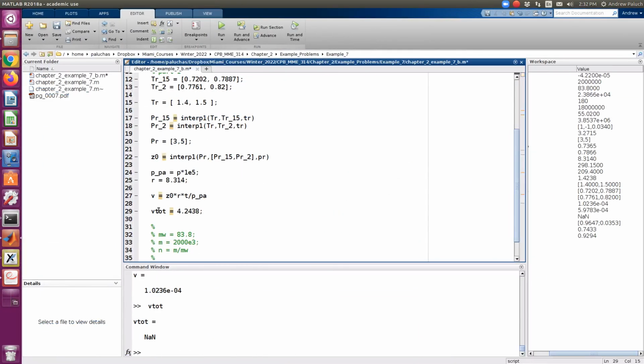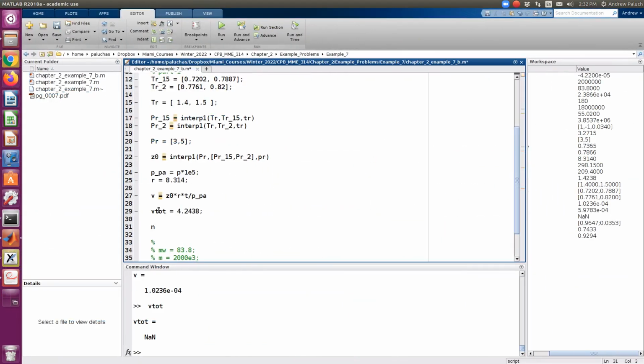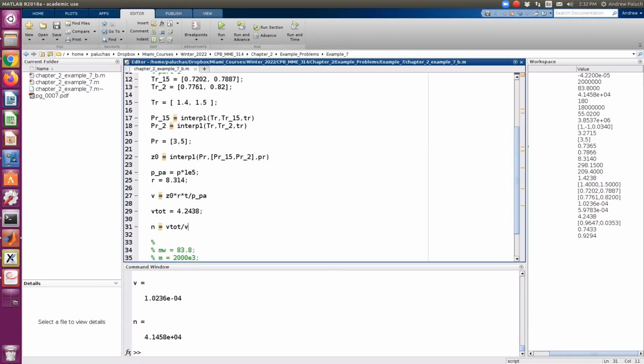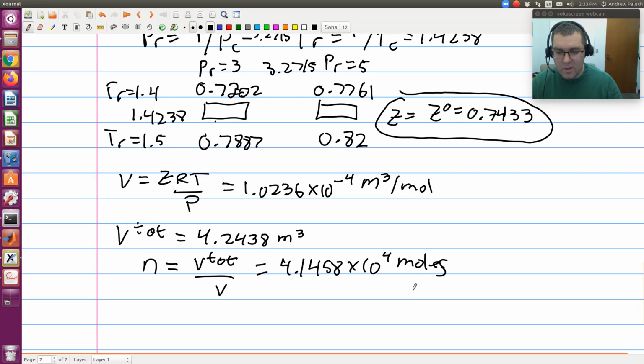Then N is V total divided by V. So I can get 4.1458 times 10 to the 4 moles. Okay, now let's convert that to mass.